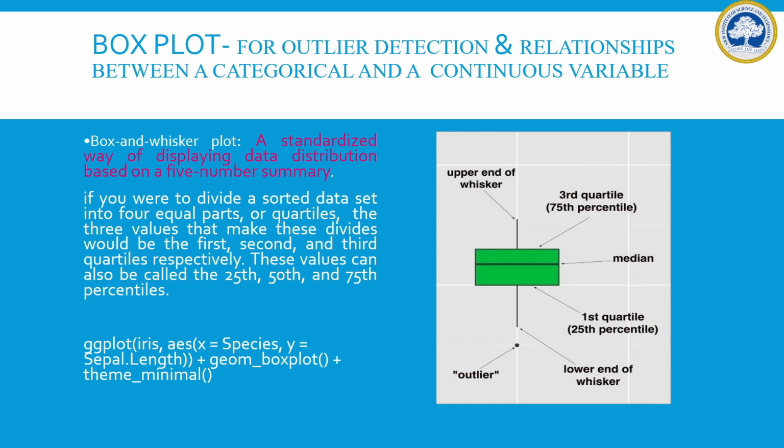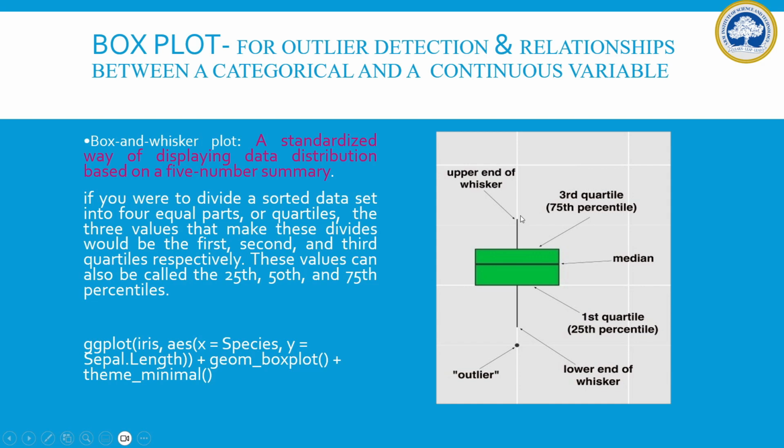Those five summary statistics are the minimum value, which is represented in the box plot as the lower end of the whisker, the first quartile or 25th percentile, which is the lower line of the box, the median value, which is the middle line of the box, the third quartile, which is the 75th percentile of the data, given as the upper end of the box, and the upper end of the whisker, or maximum value the data is taking.